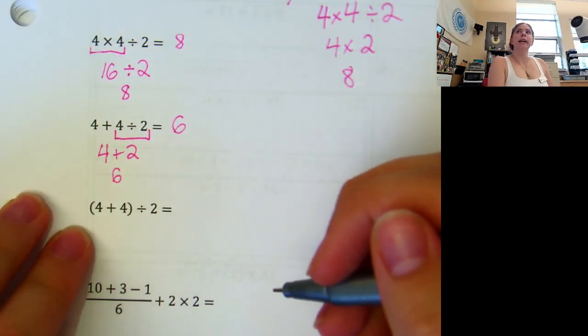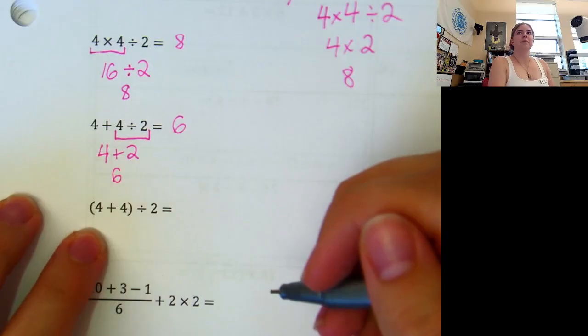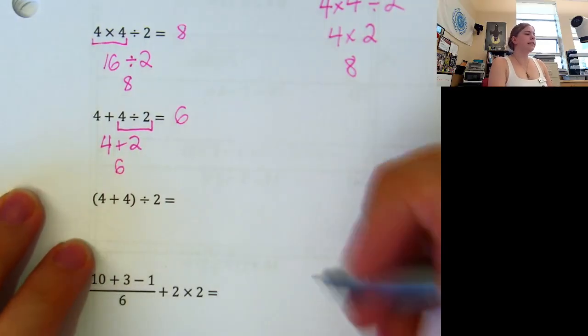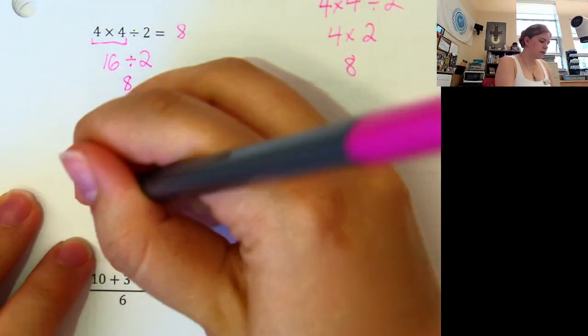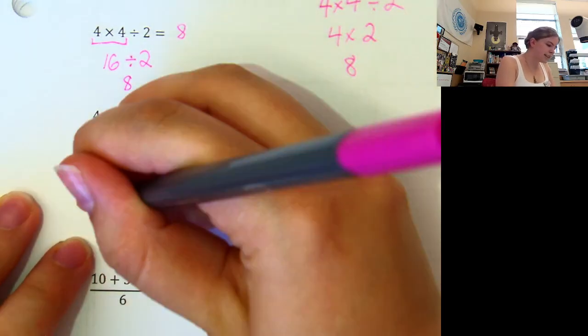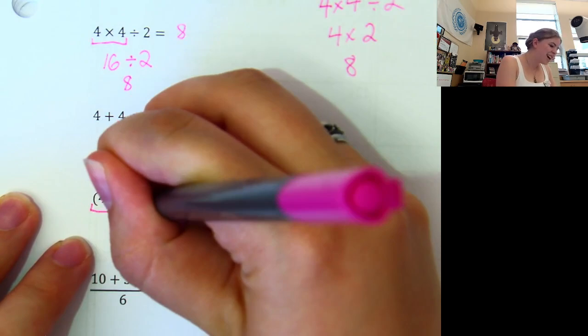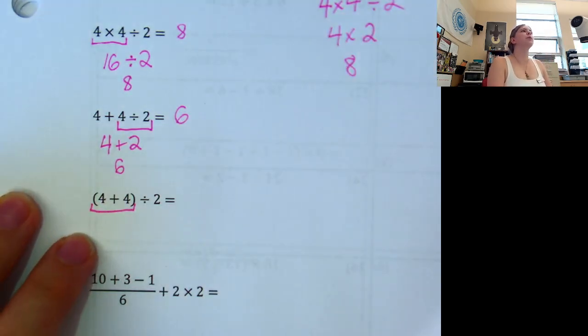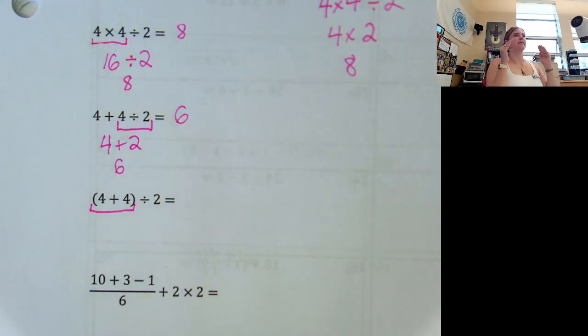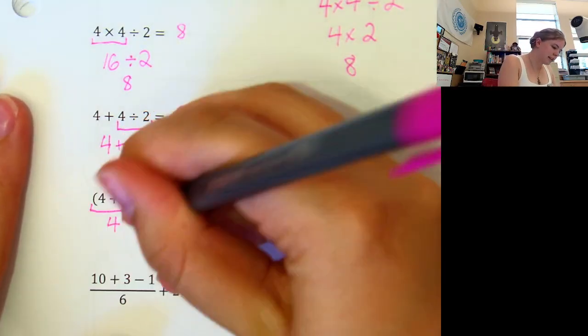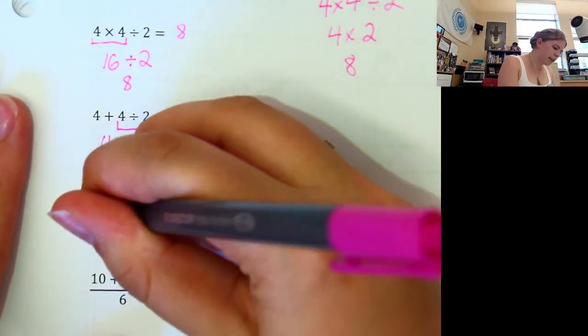Now we're adding brackets into the mix, which means brackets would be first. Brackets is first, exactly. Our first step is 4 plus 4 because that is in our brackets. And that is 8. Exactly. 8 divided by 2, that's right. Now we have 8, why did I write 4?